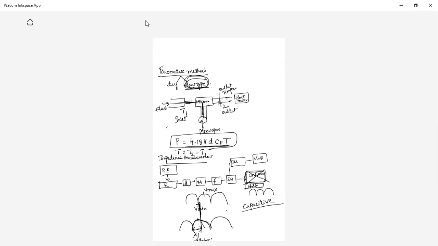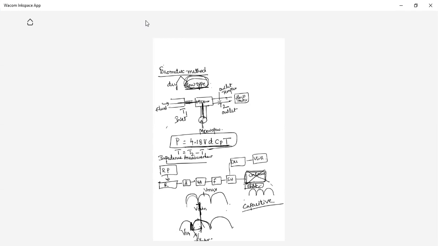But I have to find the exact load impedance. Are you getting this? So we use this setup. First, see the standing wave pattern: without the shorted load, connect the unknown load and see the standing wave pattern. Now connect the shorted load, which is available in your lab, and see where you get the V minimum.